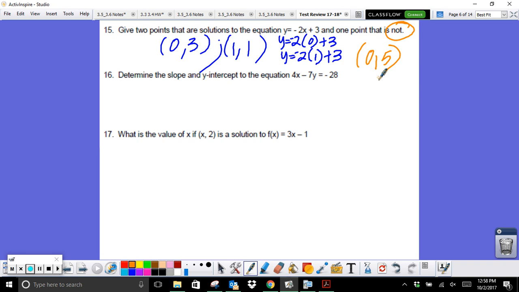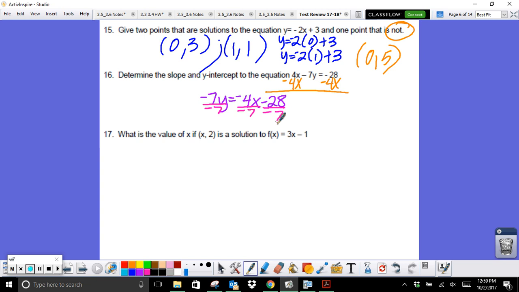16, determine the slope and y-intercept to the equation. To be able to do that, I need to get this into y equals. So I'm going to subtract 4x first. That is going to get me -7y equals -4x minus 28. I'm going to divide everything by -7.